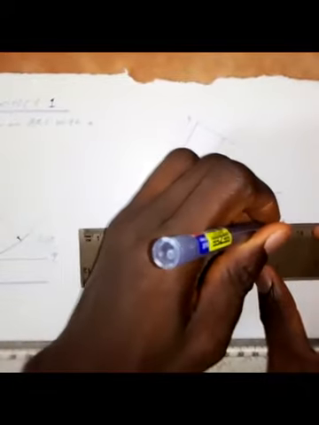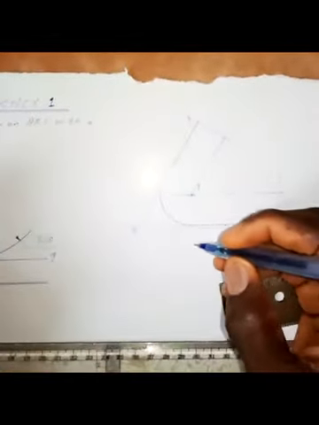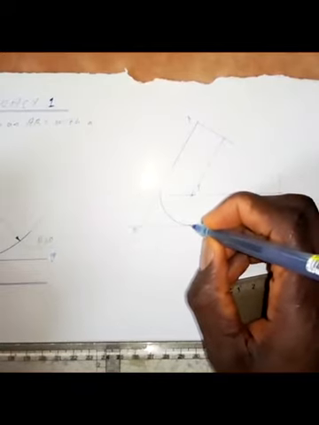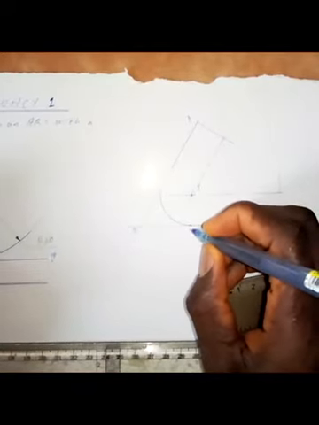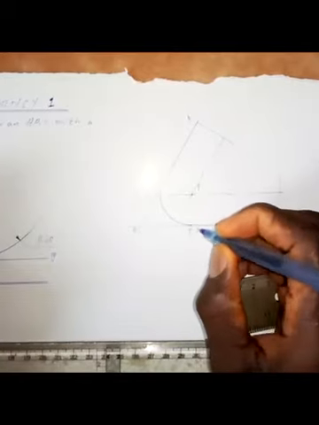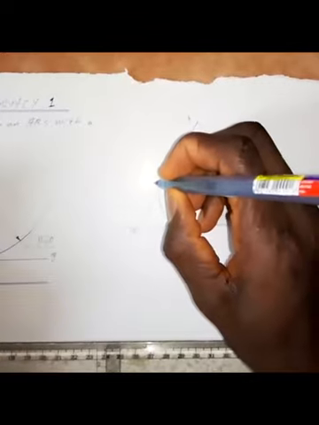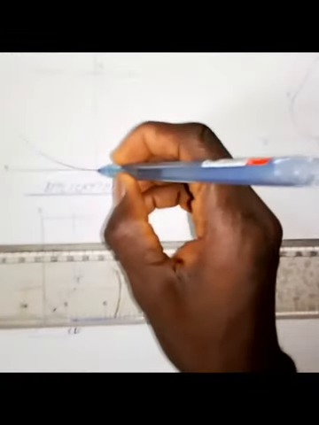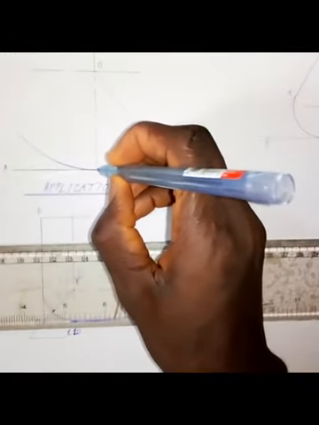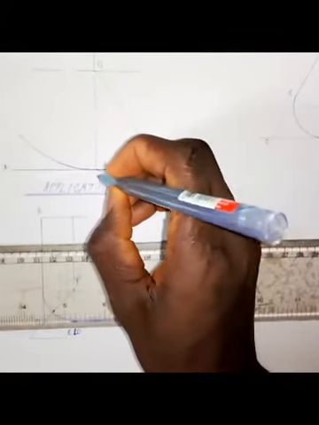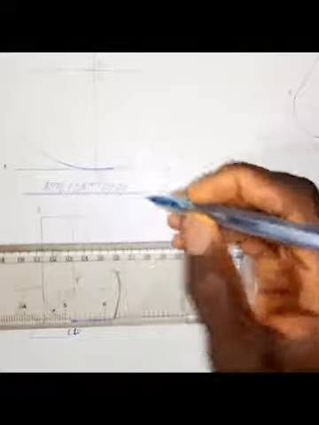Another thing about this arc that I want to explain is that the point at which the arc touches this line is called the point of tangency. So this point on this line is the point of tangency T. We usually put T there. Also for this one, the point here where the arc touches the straight line is the point of tangency, so I can put capital letter T here.